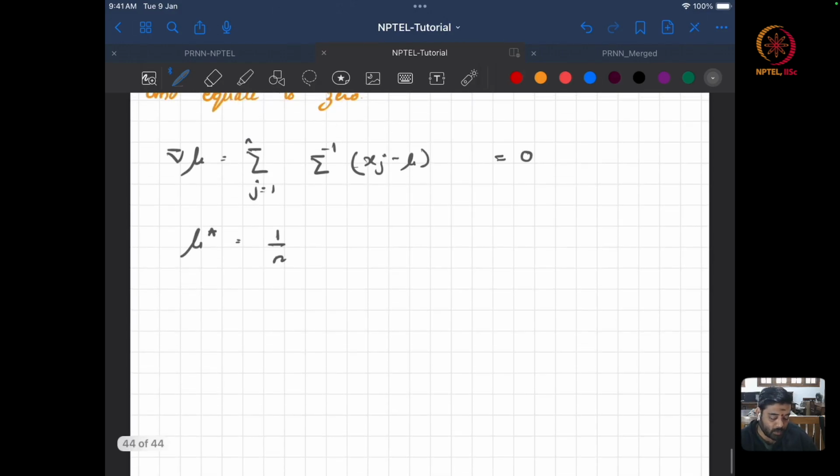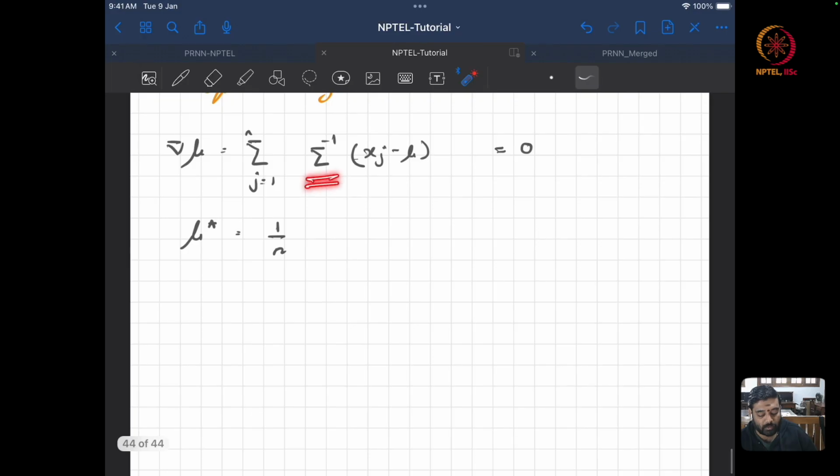Okay, see finally you will get this out and then you take the summation inside. Okay, you get this n mu, you take this n mu outside here. This is I into some summation of vectors. So summation of vectors is a vector. So a matrix into a vector, identity matrix into a vector. Why will I get an identity matrix?